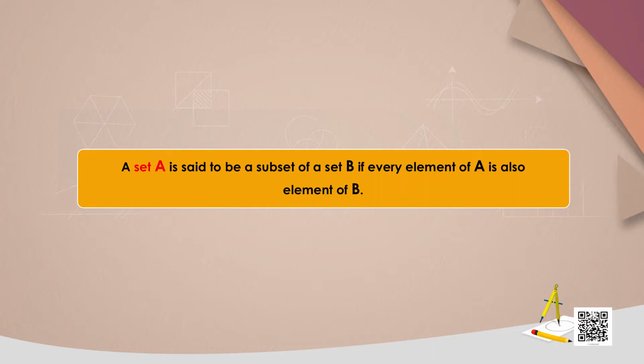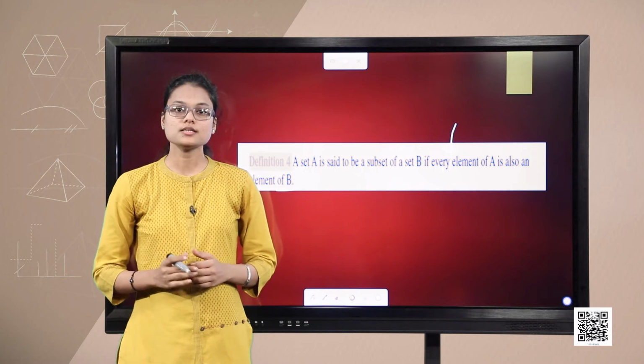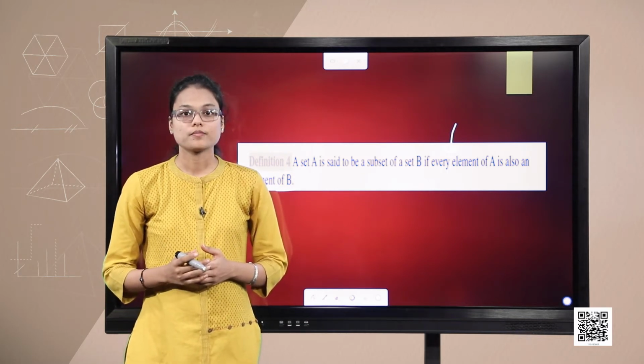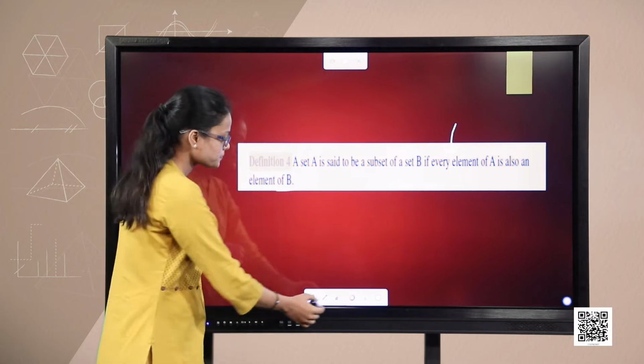A set A is said to be a subset of B if every element of A is also an element of B. Remember? So let us observe some important points with this example.